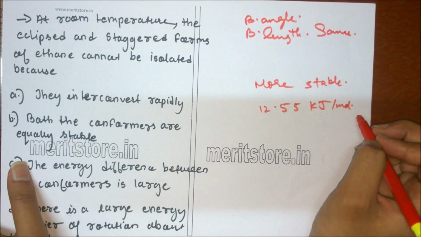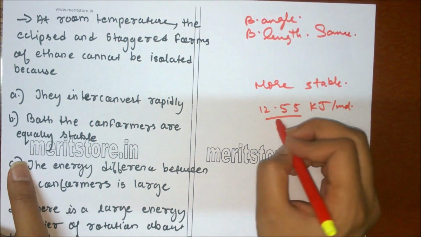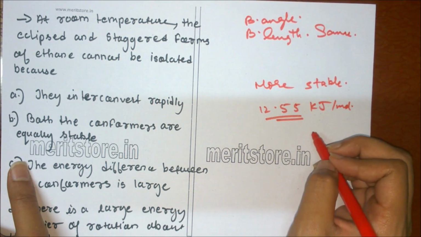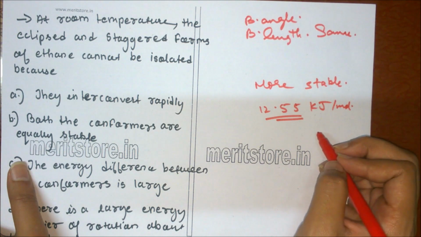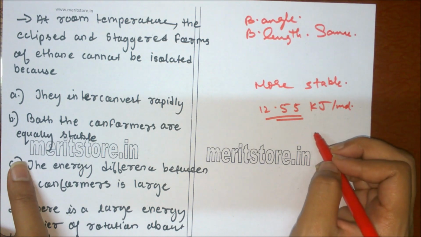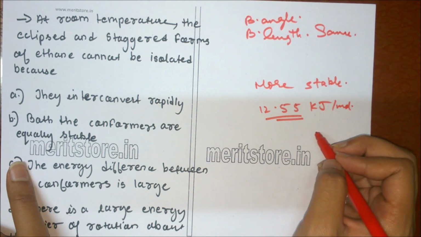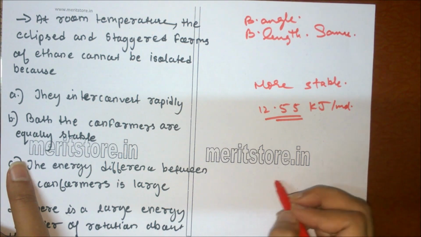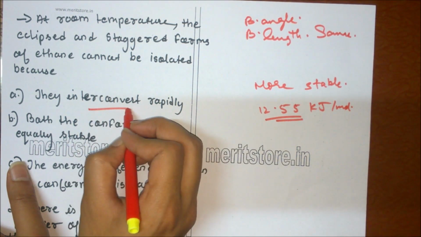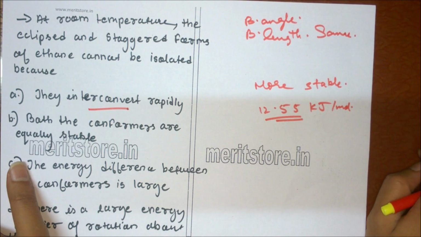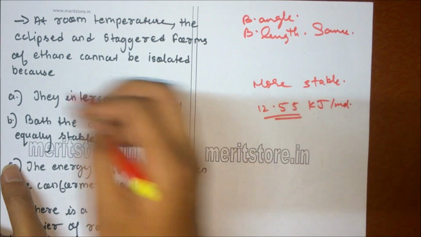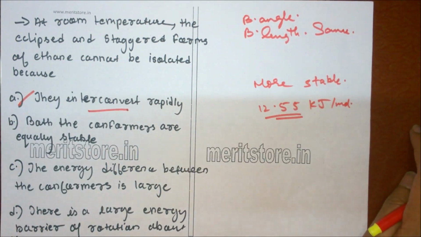Further, since this energy barrier is very small and can be easily met by the collision of molecules at room temperature, these two conformers of ethane are readily interconvertible forms and hence cannot be separated at room temperature. So option A is the correct answer.